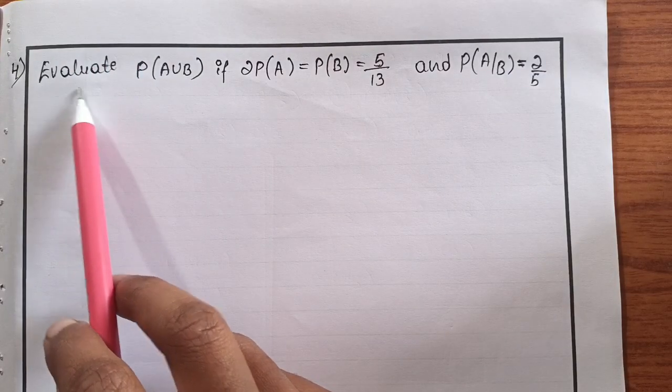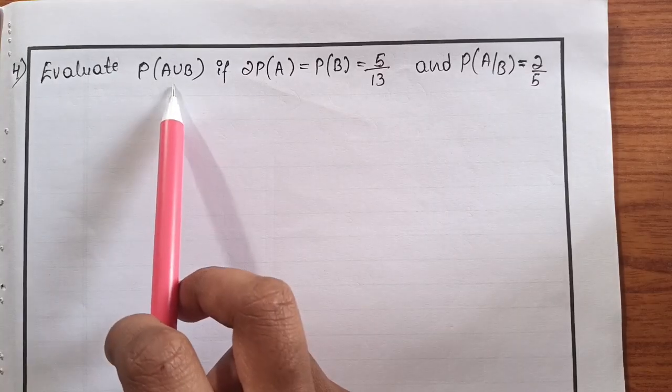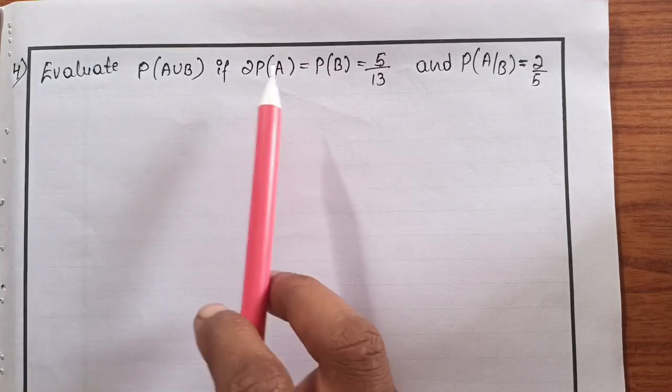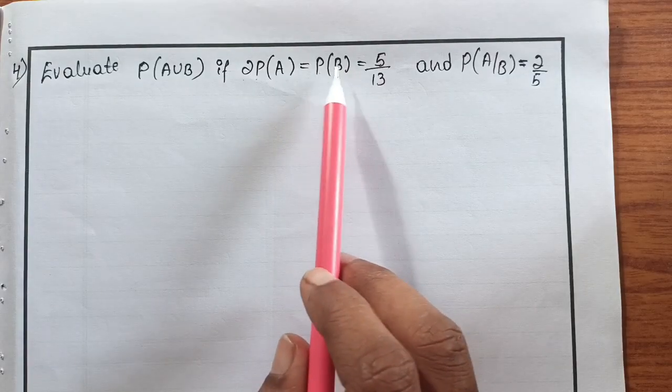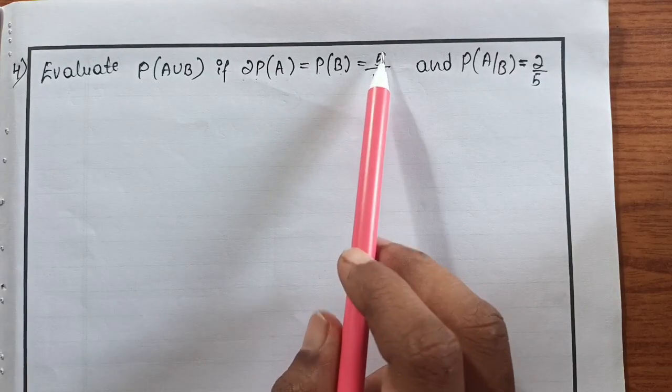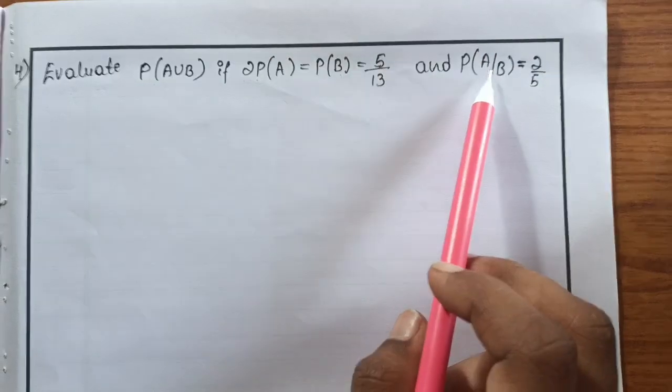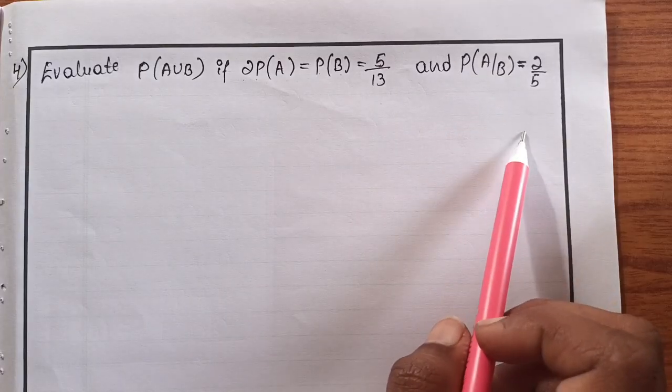Fourth question, evaluate probability of A union B if two times probability of event A equals probability of event B equals 5 by 13, and probability of A by B equals 2 by 5.